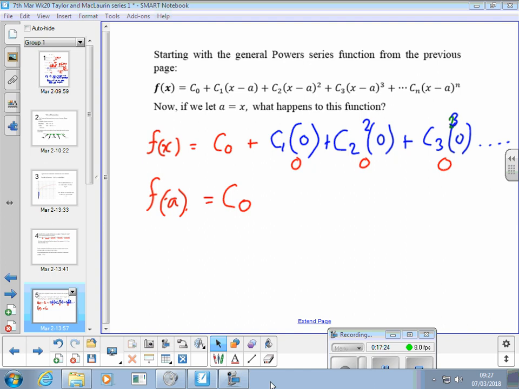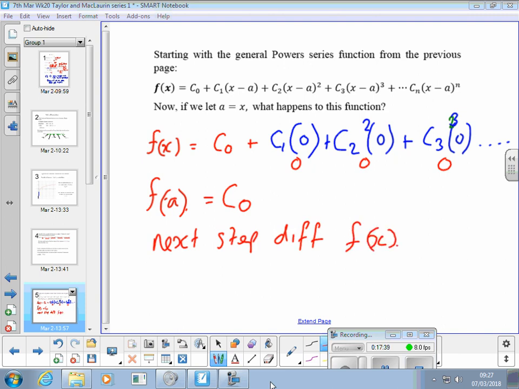All right. Now, the next step is to differentiate to find f dash of x.